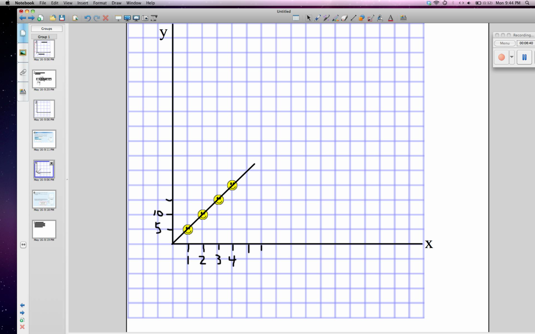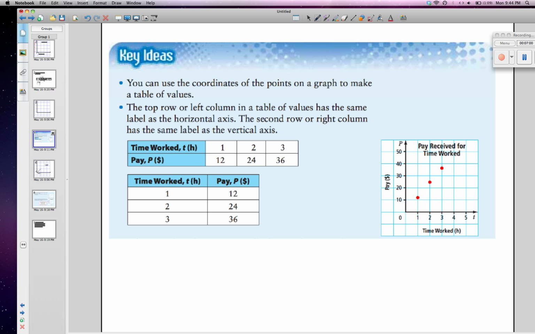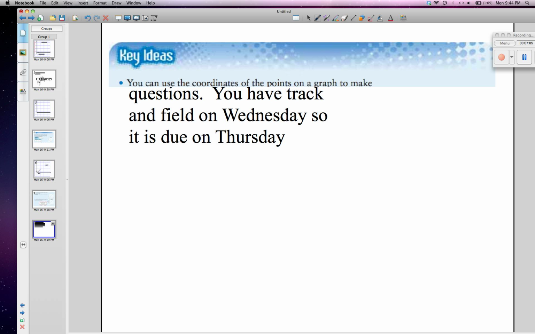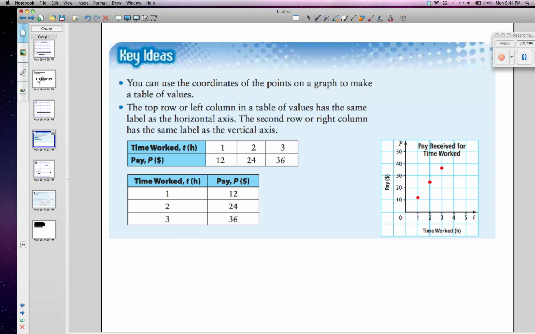Here I've got this dot, and if I go here, this would be 5, 10, 15, 20, and 4. So your coordinate pair would look something like this: 4 for the x, and 20 for the y.